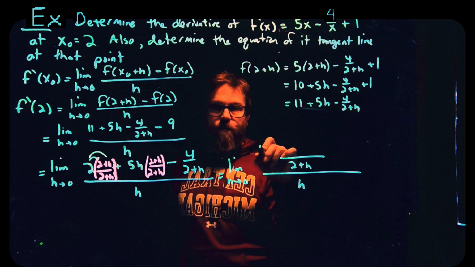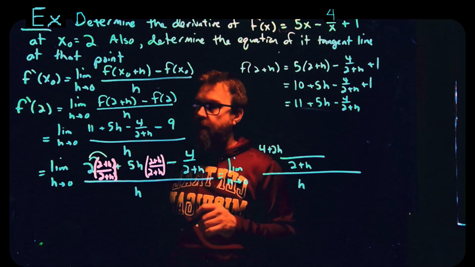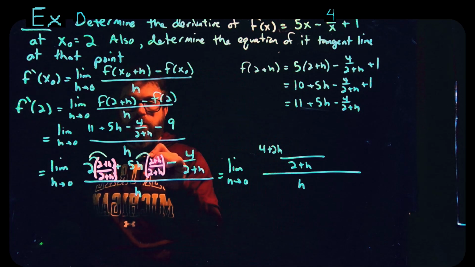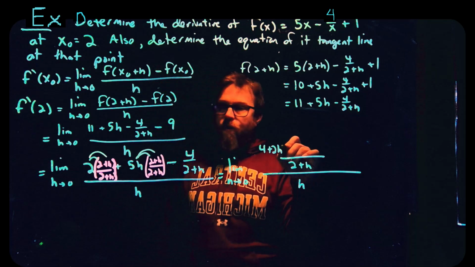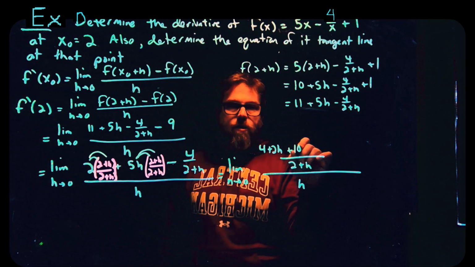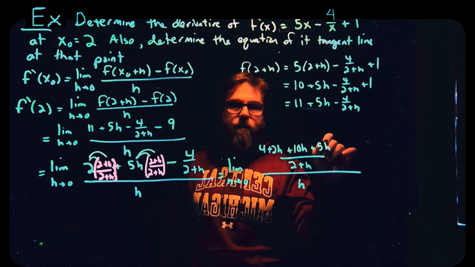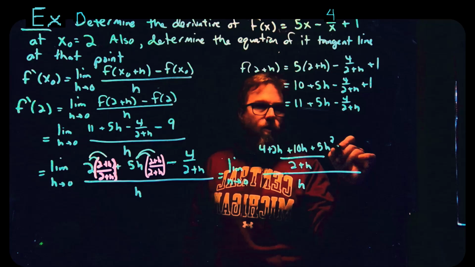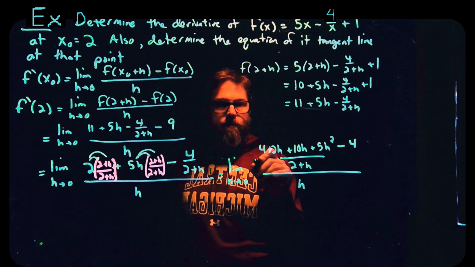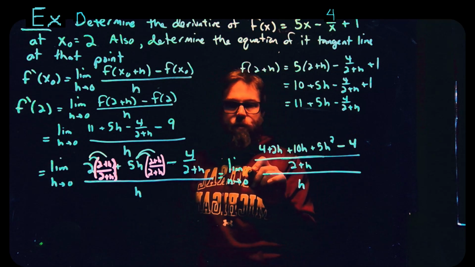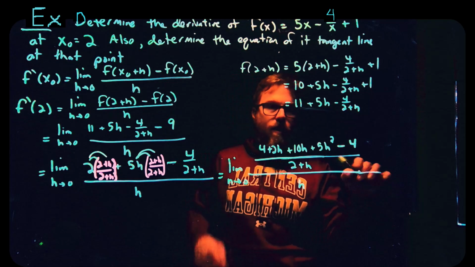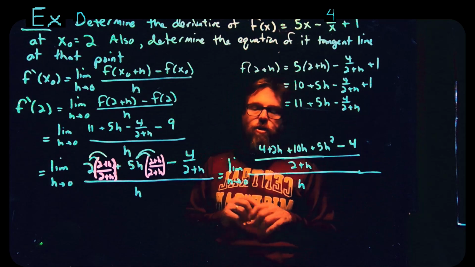So this is going to be 4 plus 2h. Similar here, 5h times 2 and 5h times h. So 5h times 2 is going to be 10h, and then 5h times h is going to be plus 5h squared. And then last, I'm going to have this minus 4. And I'm going to try to keep this denominator bigger because really it's this numerator over this h.